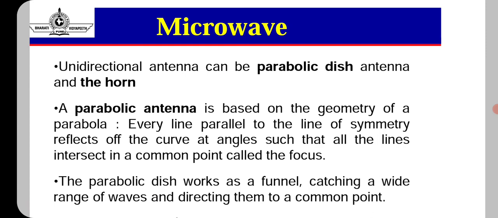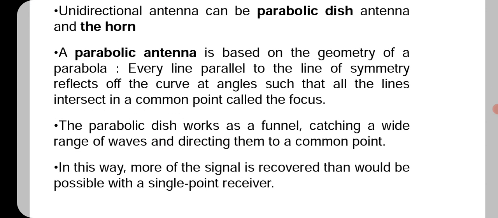Unidirectional antennas can be the parabolic dish antenna and the horn. A parabolic antenna is based on the geometry of a parabola. Every line parallel to the line of symmetry reflects off the curve at angles such that all the lines intersect in a common point called the focus.